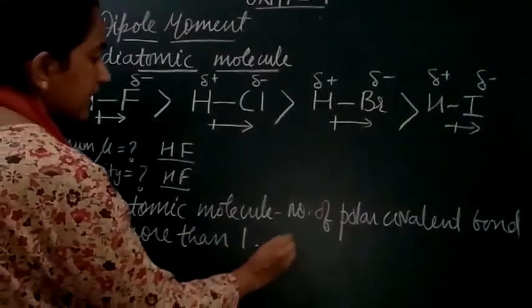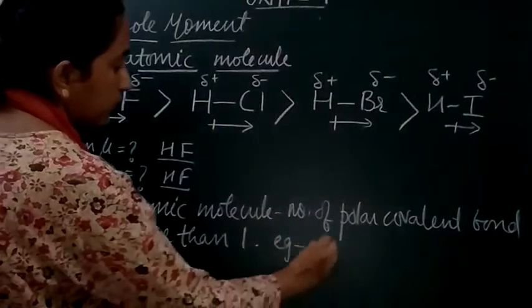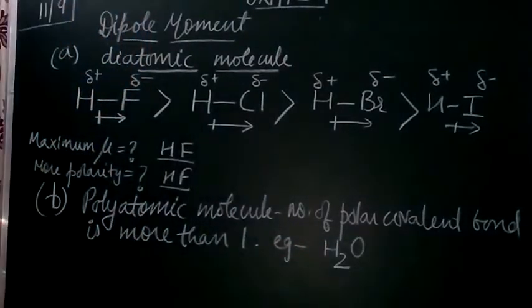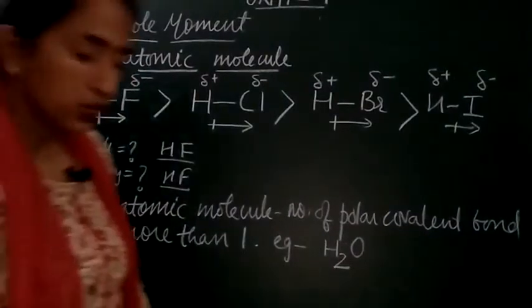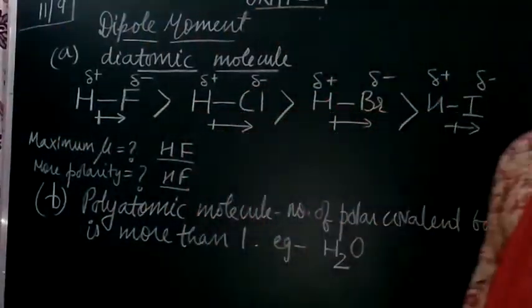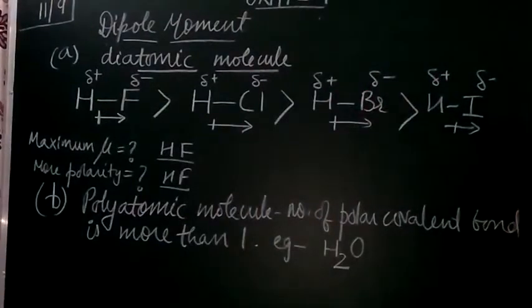Let's take the example of water, H2O. In water we have two polar covalent bonds: one is O-H and another is also O-H.